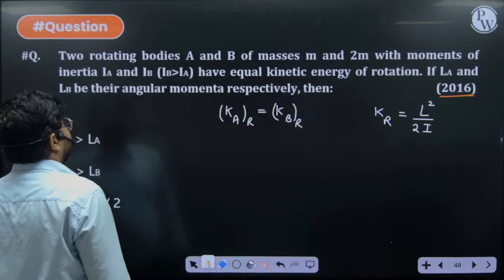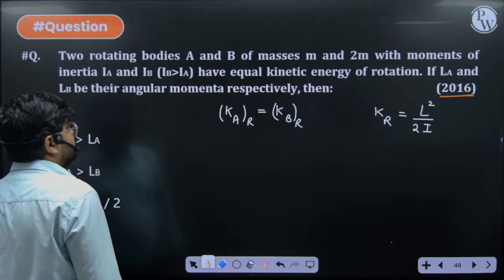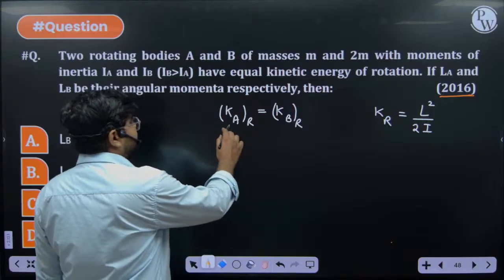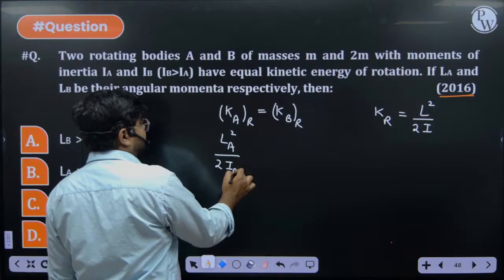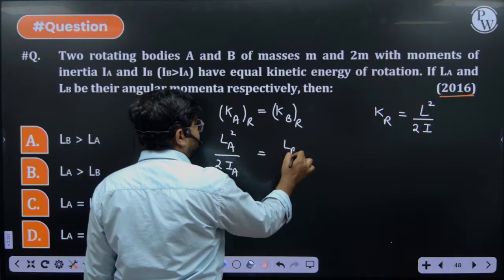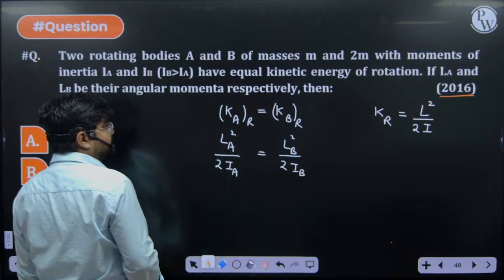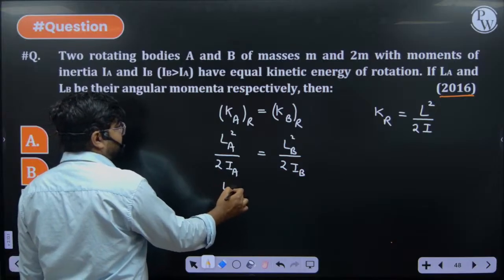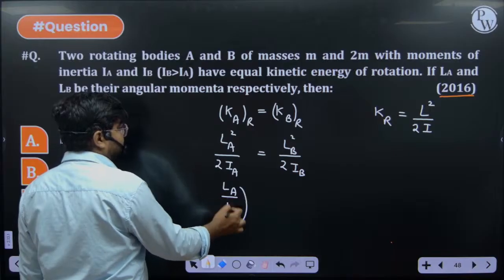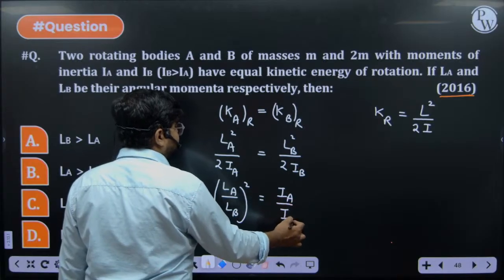So I can write this as LA square by 2 IA, and similarly for B. So LA by LB whole square equals IA by IB.